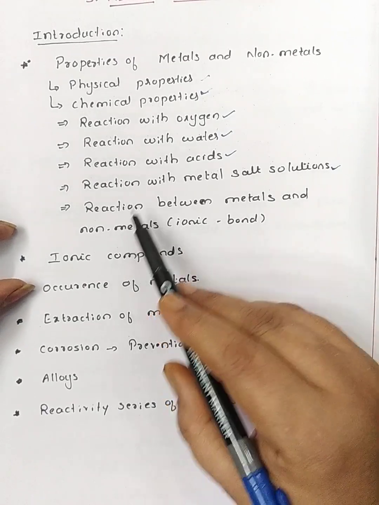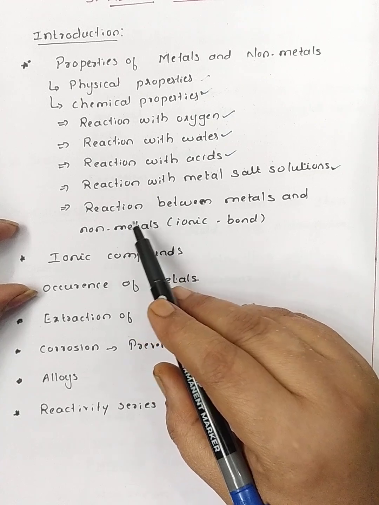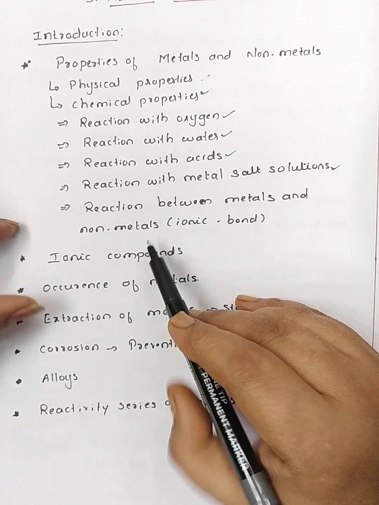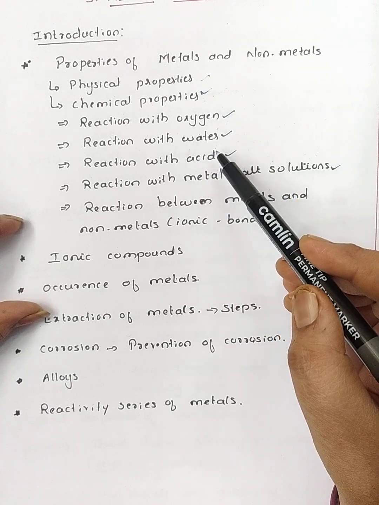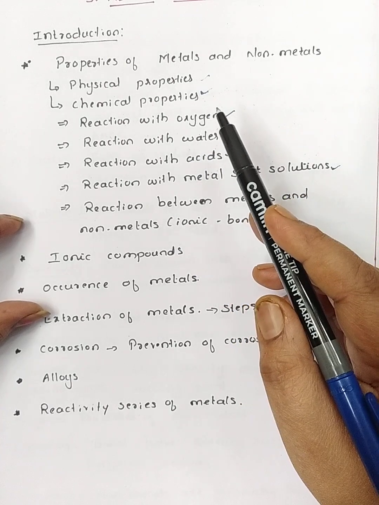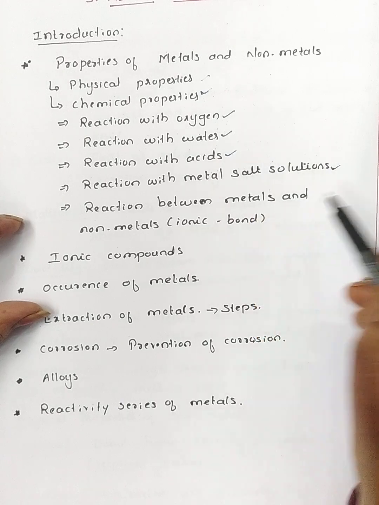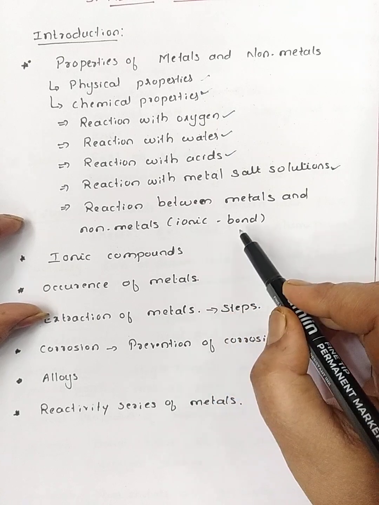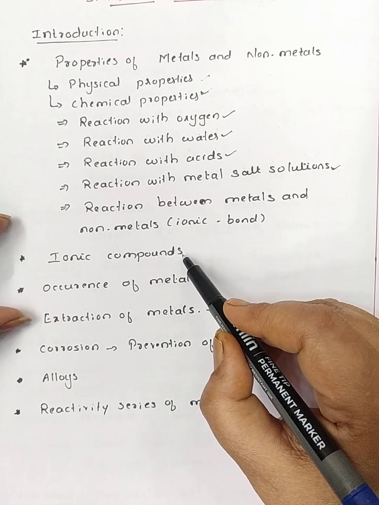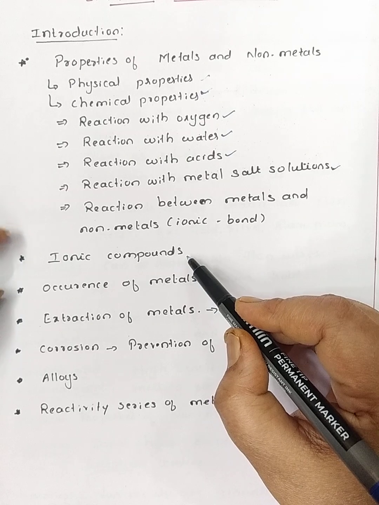And the last one in these properties is the reaction between metals and non-metals. So these are the metals and non-metals reacting separately, and how do they react with each other. When they react, an ionic bond is formed, and the compounds are called ionic compounds. We will study that also.